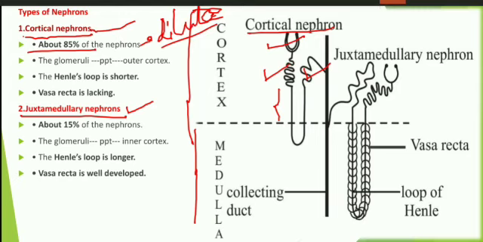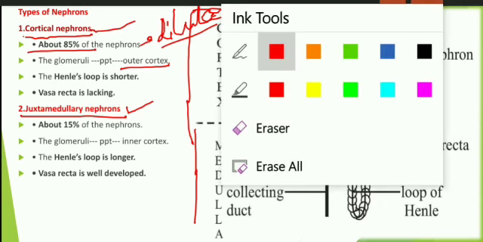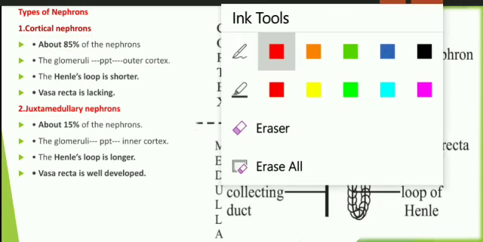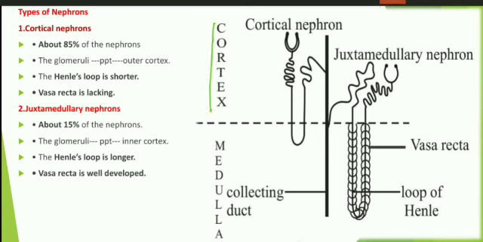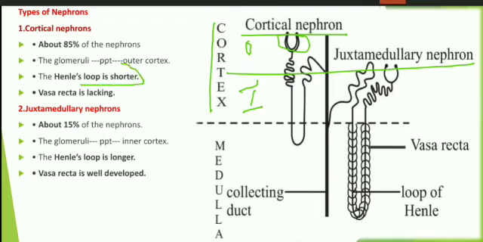And in these nephrons, the glomerulus is mainly located in the cortex. How it is present: here this is the cortex. If you divide this cortex into two parts, outer part and inner part, the glomeruli of cortical nephrons are mainly located in the outer cortex. These cortical nephrons have a shorter Henle's loop, and the concentration of urine depends upon the length of Henle's loop.